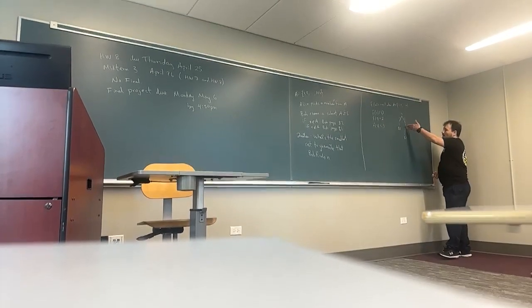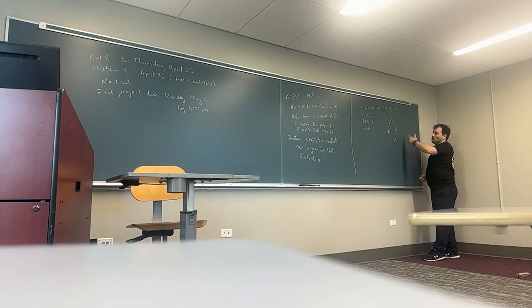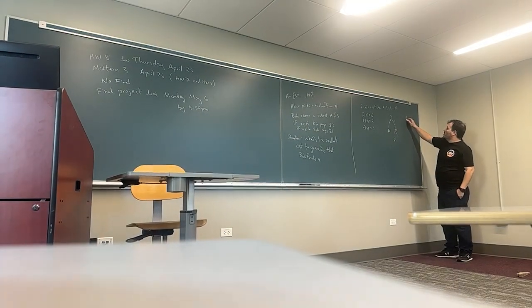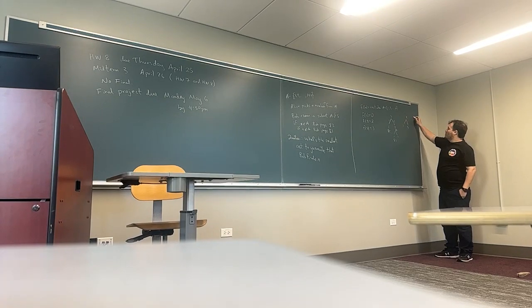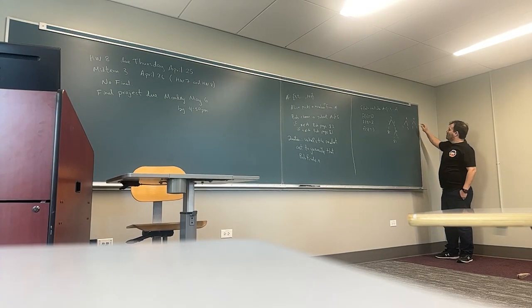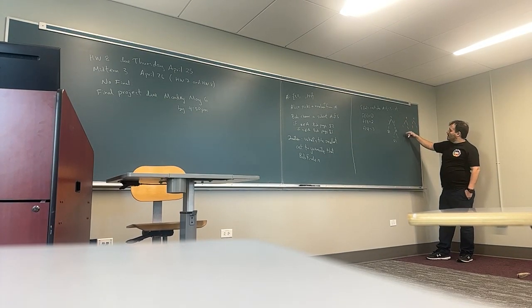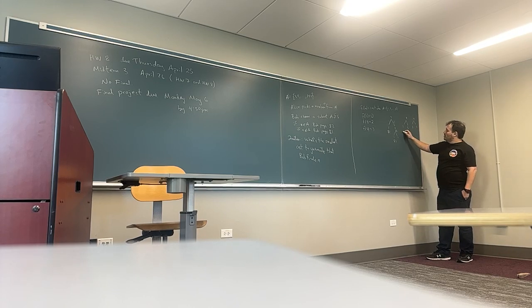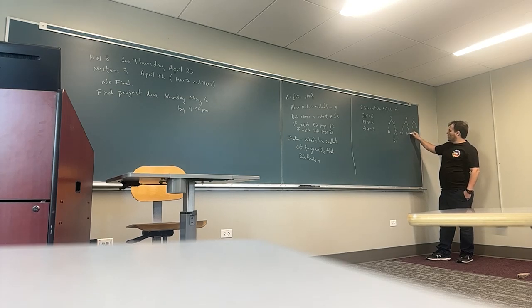If you went this way, then the cost of 2 is 2. So it'll be 1 plus 2. If you have like 4, you could split in 1, 3, or you could split in 2, 2. In this case, the cost is $2. In this case, the cost is $1 plus f of 3, which is 4.